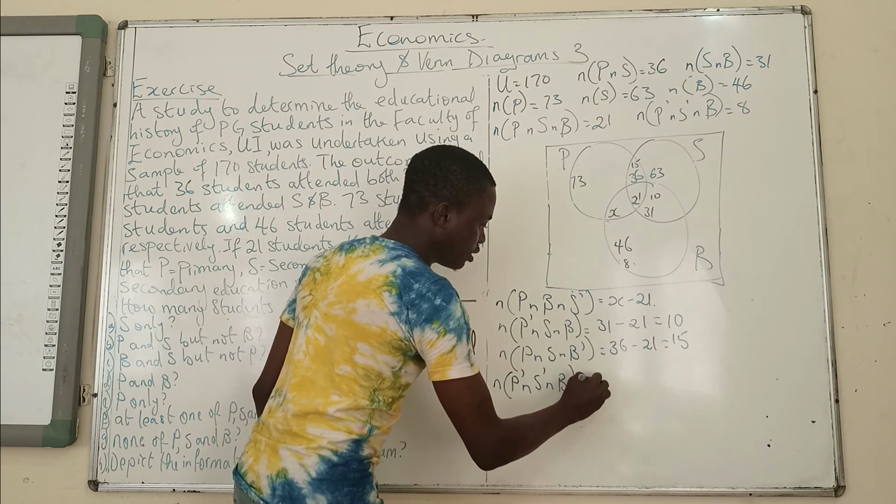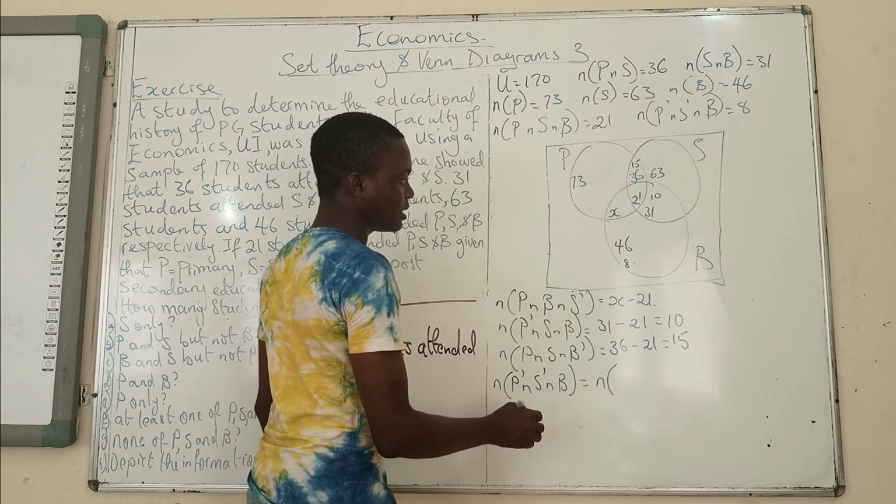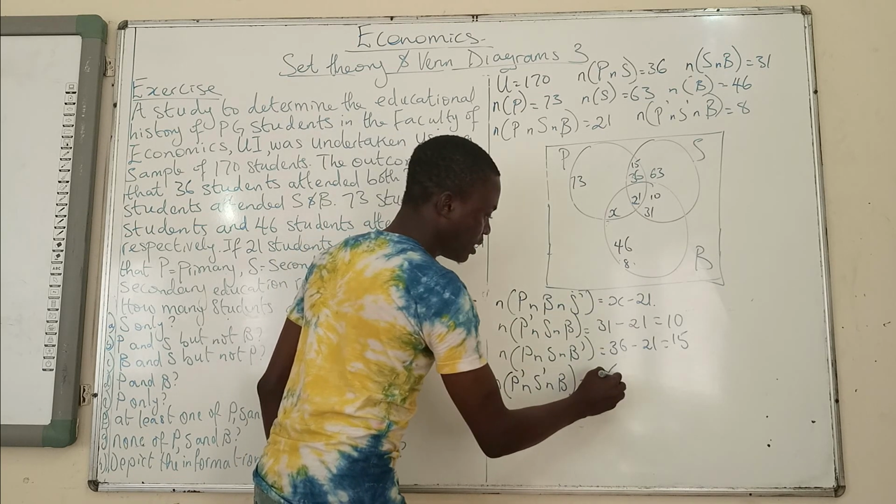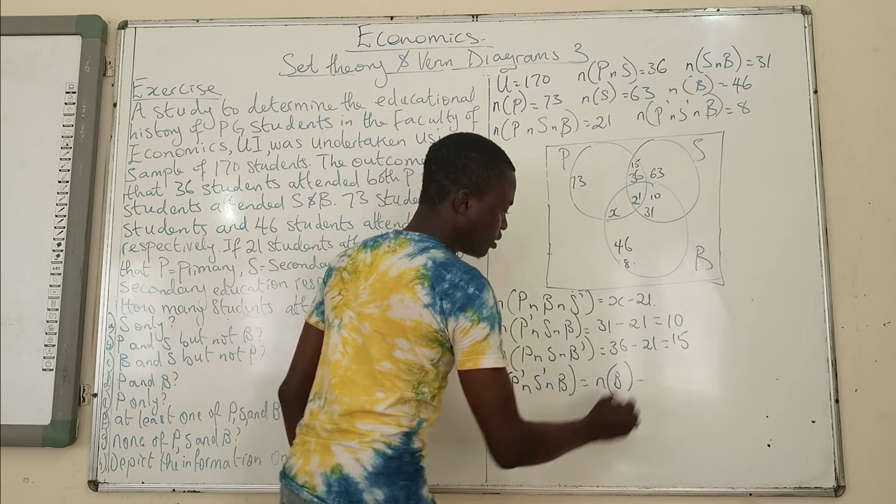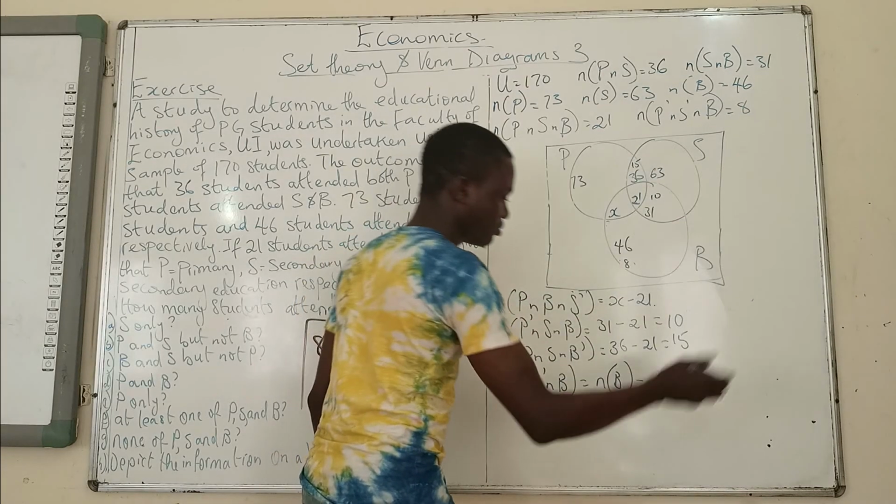That will be the number of students that attended B in general, the cardinality of B, minus the number of students that attended B and whatever.